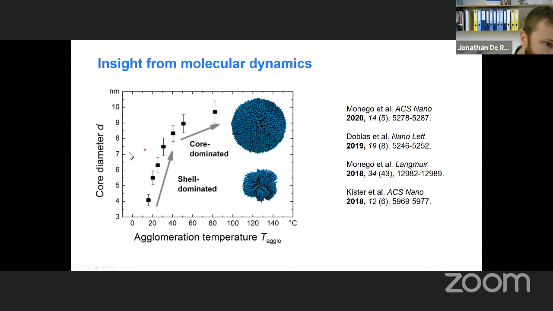So the point is for gold nanocrystals around, let's say, 8 nanometers. Below 8 nanometers, it behaves like a molecule, above 8 nanometers, it behaves like a classical colloid. And I've put here a few of Todd Krause's papers that I found very inspirational and that describe this in more detail.